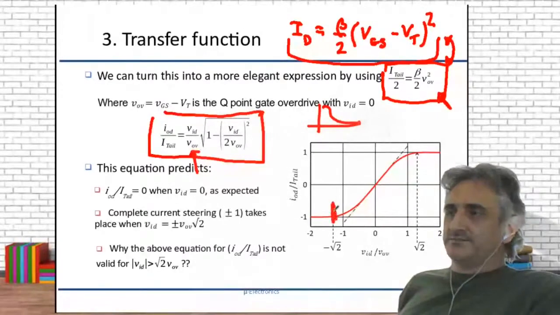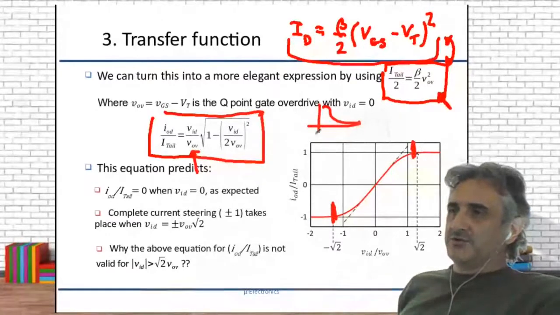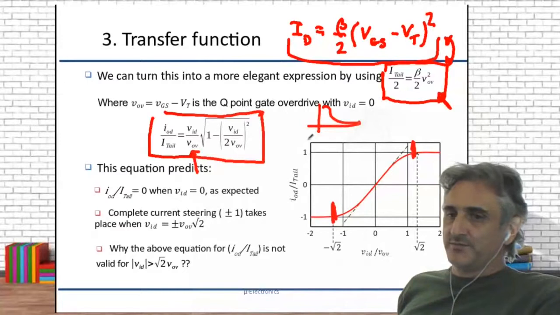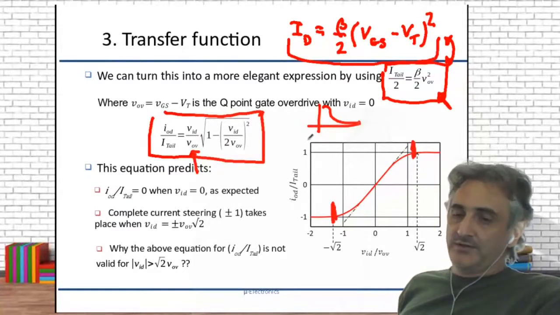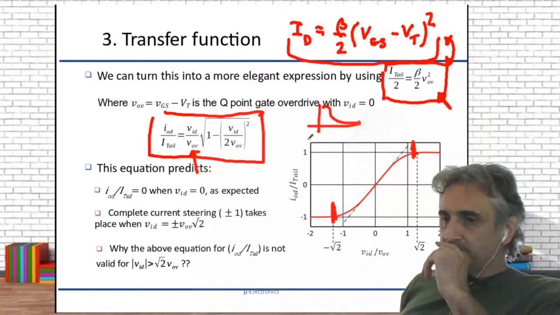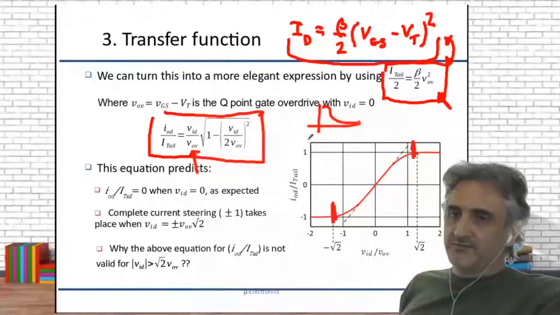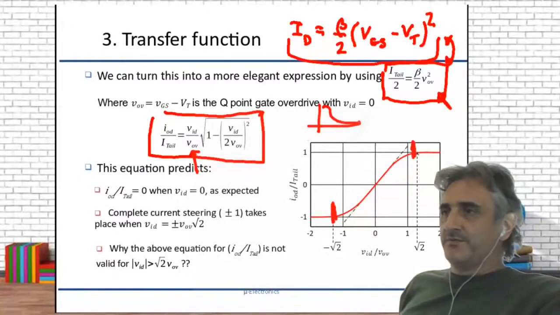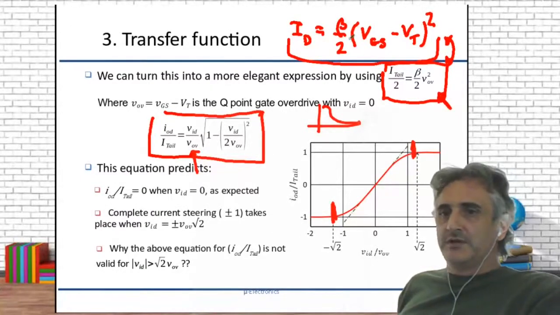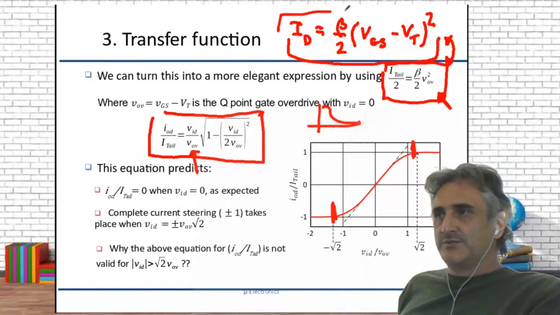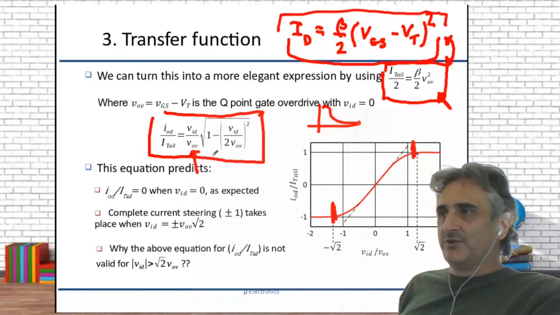From this point and this point, our equations are actually not valid anymore because we are entering into the linear region or into the cutoff region, the weak inversion region. So our assumption for using this equation is not valid anymore.